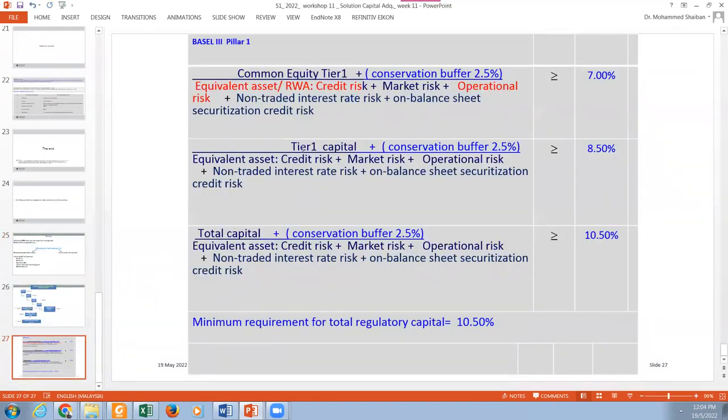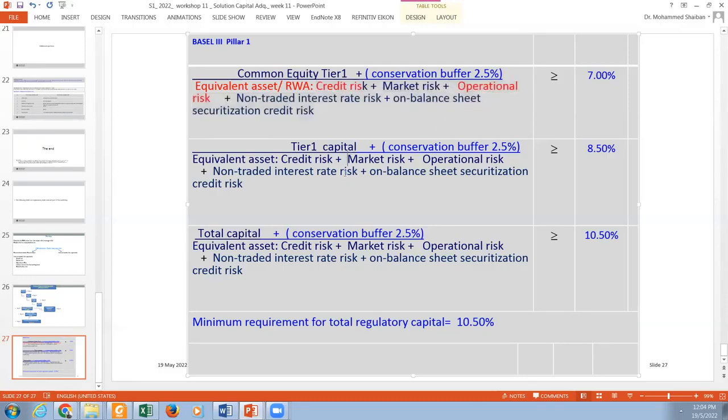Now this formula is the same formula. However, the numerator is changing. Here we are talking about the common equity tier 1, which has to be 7%. So you have to take only the common equity because we have 3 capitals, 1, 2, and 3. Common equity tier 1 is one capital, and we divide by the risk-weighted assets of all of this.